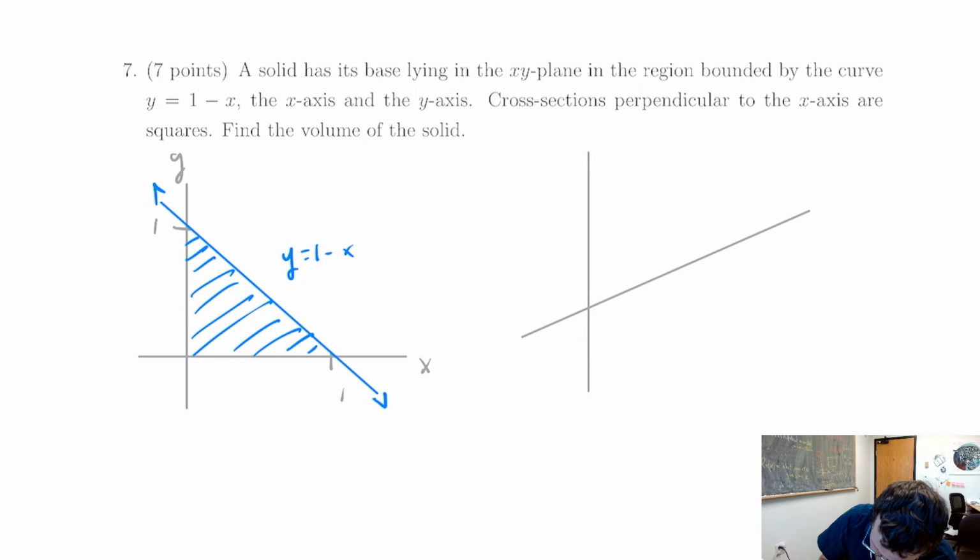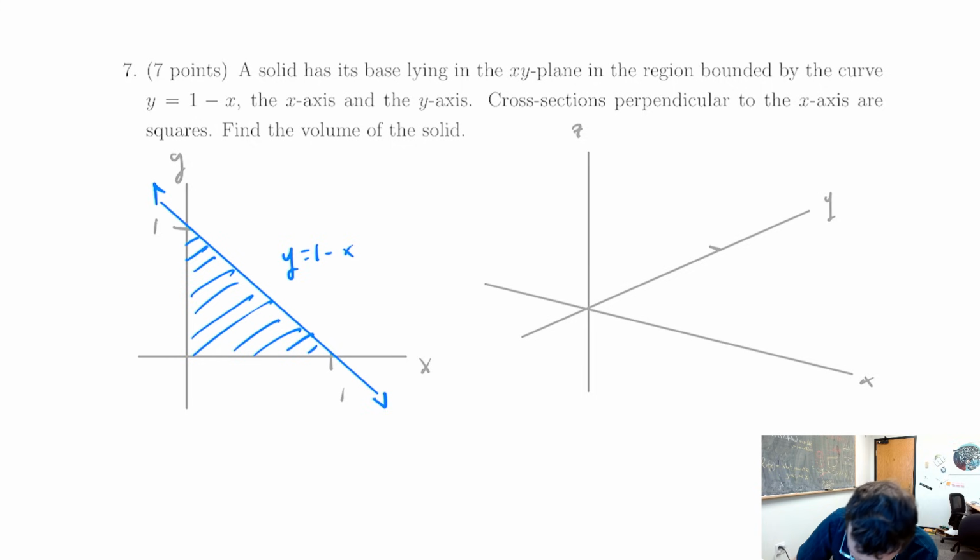Okay, cross sections perpendicular to the x-axis, so it's going to slice this way. And if we draw one of those typical cross sections, it's going to be a square.